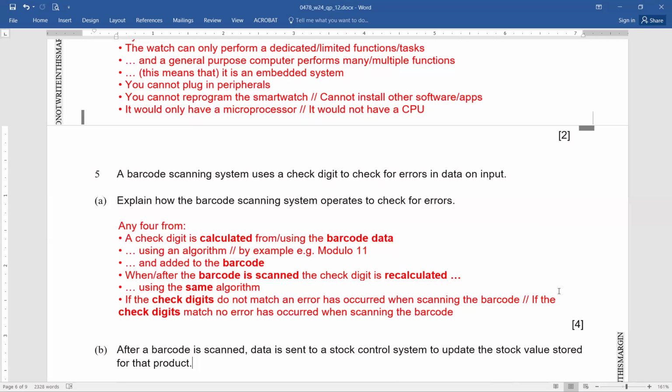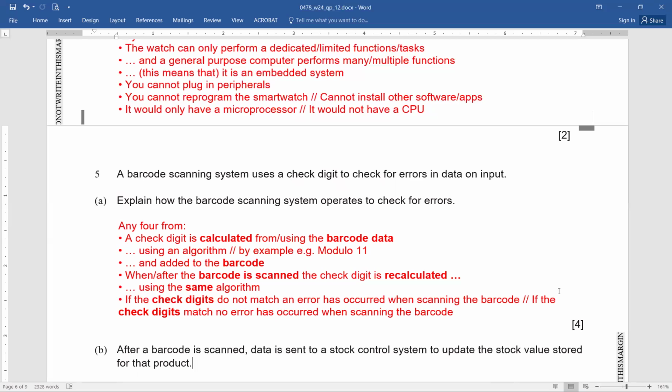Exactly the same procedure, the same algorithm will be used for rechecking while the scanning is being done. If the check digits are not matching, it means an error has occurred. If the check digits are matching, it means there is no error and it is accurate. And this is how you will be scoring 4 out of 4.